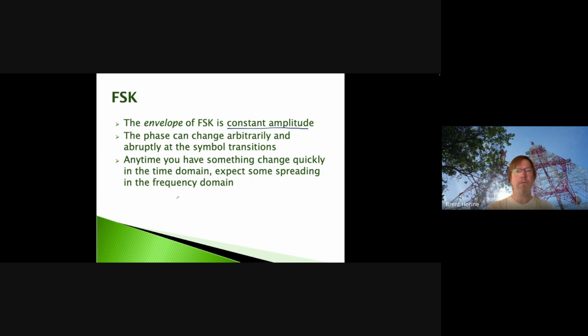In a square wave, things change abruptly. And those side lobes, as we call them, go off to plus or minus infinity in terms of frequency. So you're spreading all that energy out through a lot of different frequencies.